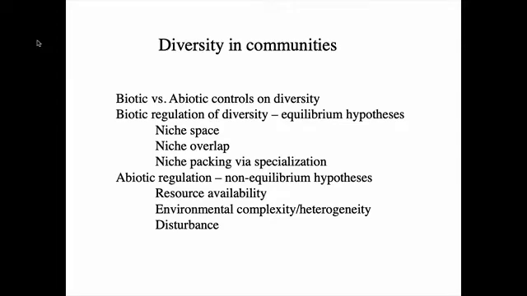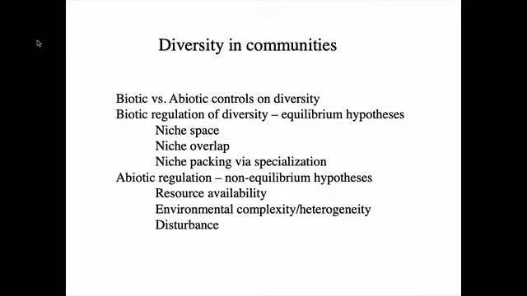All right. So we have been talking about what determines the diversity of local communities. And we have gotten through some of the hypotheses that people have considered. There are two sets of general kinds of hypotheses: equilibrium hypotheses that rely on biotic interactions, and non-equilibrium hypotheses that are more reliant on conditions of the physical environment.